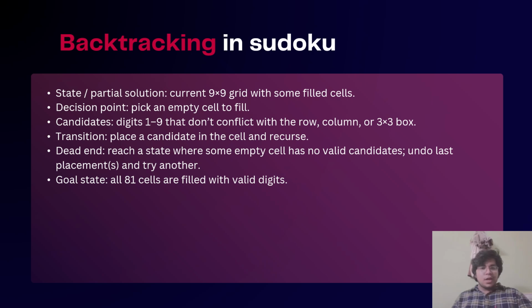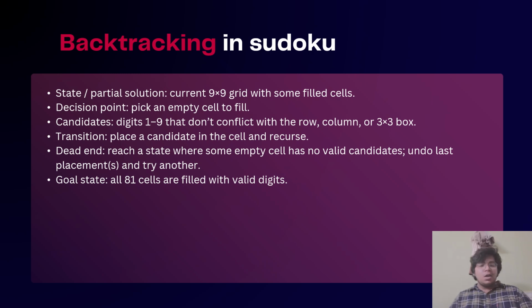Coming to the next topic, what is backtracking basically, and what happens in the process of backtracking? In the state, keep your partially filled grid as the partial solution. At the decision, choose an empty cell, and the candidates are the digits from 1 to 9 that don't break the rules, via recursion. For the transition, place a digit and go deeper, through recursion.